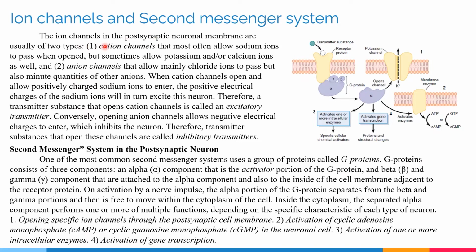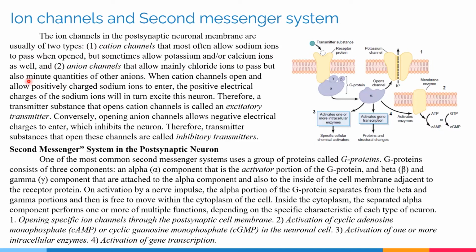The ion channels in the postsynaptic neuronal membrane are usually of two types. The first are cationic channels that most often allow sodium ions to pass through when open, but sometimes can also allow the passage of potassium and calcium ions as well.